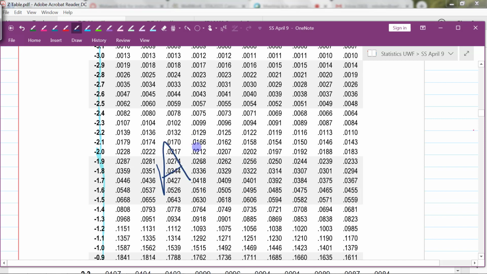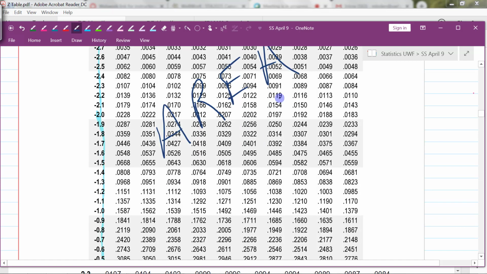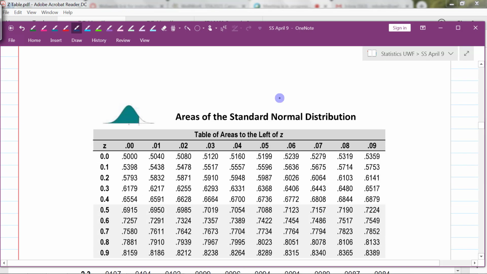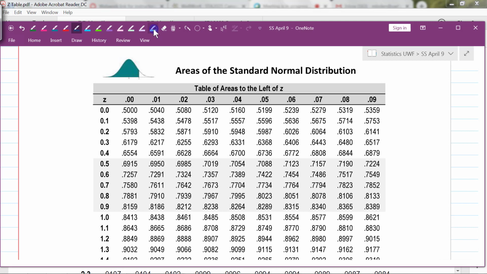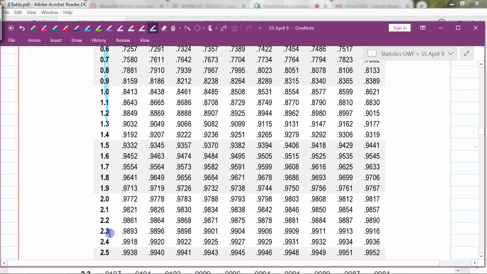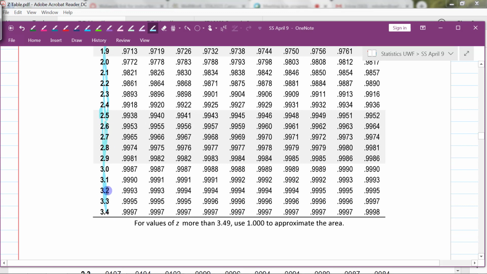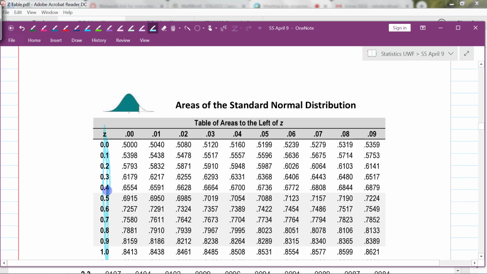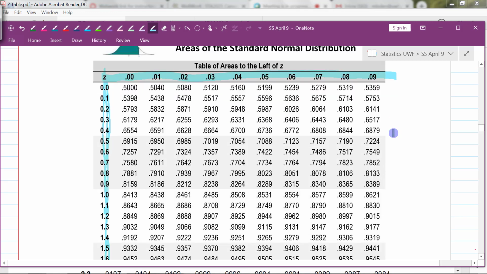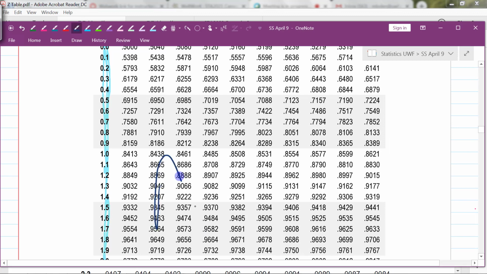When I look at the other set of tables, these are the positive z values. Again, here's my positive z's to the first decimal place, and then here's the rest of my z. And this is what we're being asked to solve. We're asked to solve the z, but with the area, which is in here, equal to 0.7957 if I'm correct.